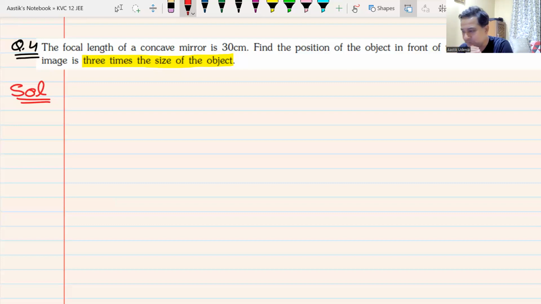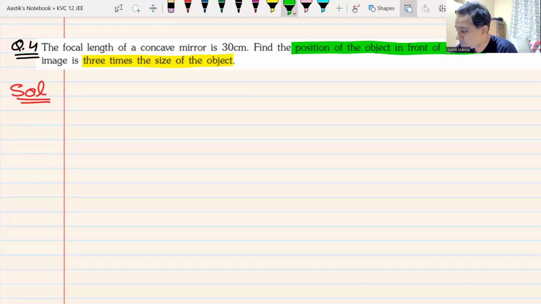How come 2? Remember, every question I give for a reason. And the reason for giving this question was to make you understand and remember that for a real object, my dear friend, this object is in front of the mirror. It's a real object. For a real object, what can a concave mirror do? And I have told that 1500 times.